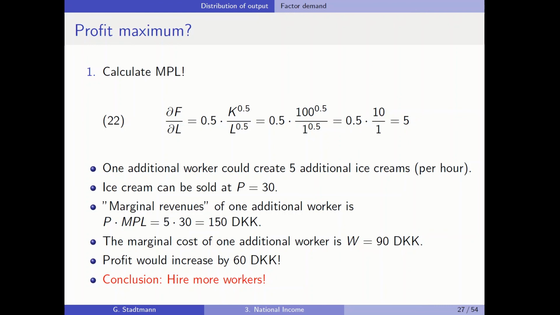So when you hire one additional worker in this situation, the profit would increase by 60 Danish krona. Revenues would increase by 150, and the additional worker costs only 90 Danish krona, so this is profitable. The conclusion has to be: hire more workers.